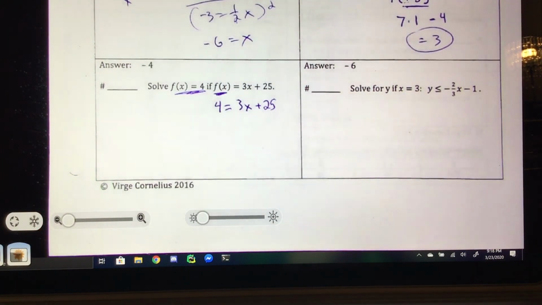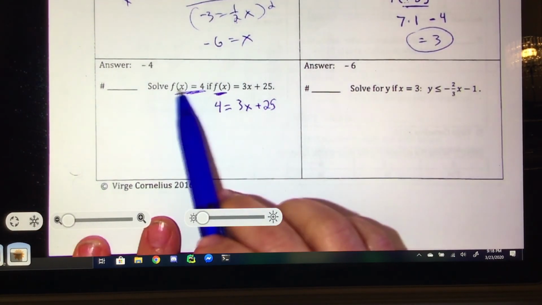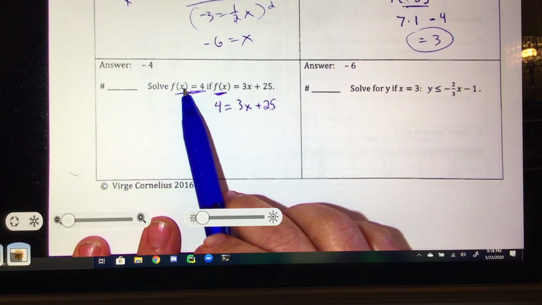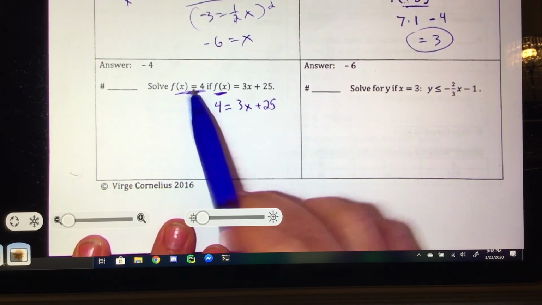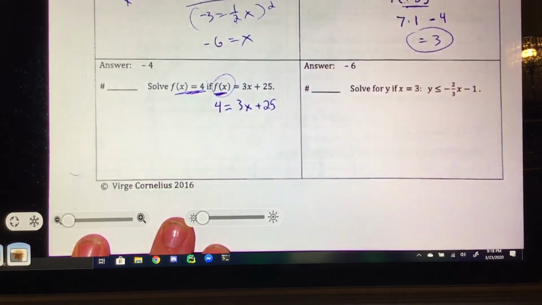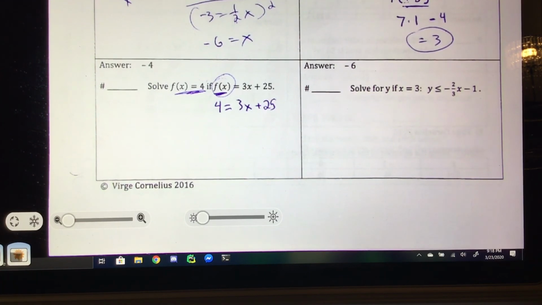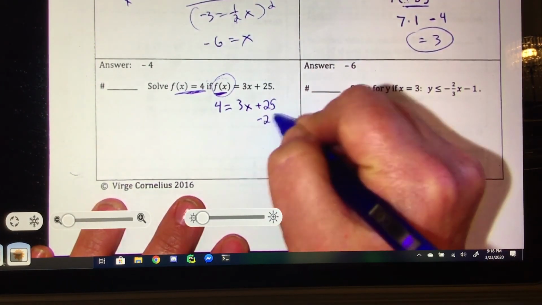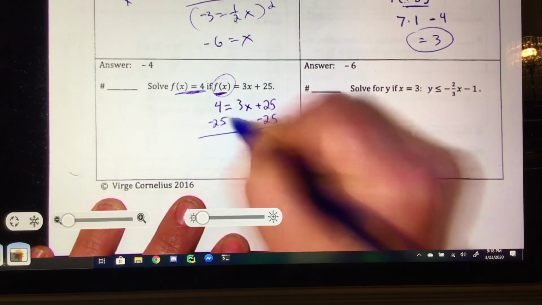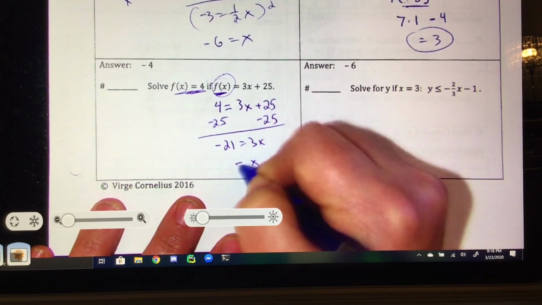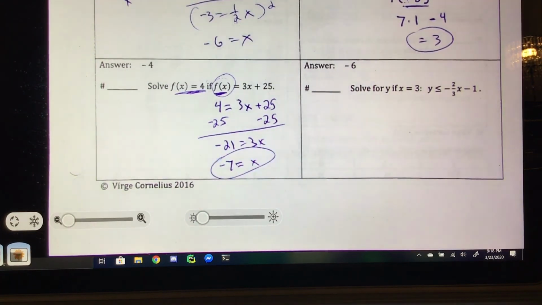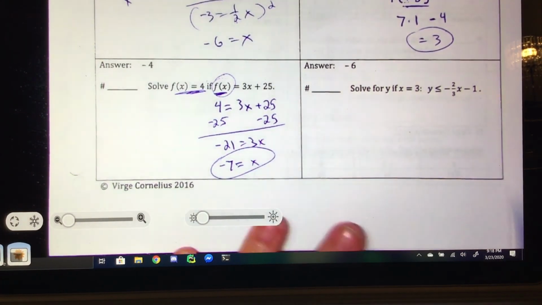That's a little different. If it was 4 in here for x, then yeah, I'd substitute 4 in. But no, f of x equals 4. So I'm substituting 4 for f of x, and then you just solve for x. Subtract 25 from both sides. So you get negative 21 equals 3x. x equals negative 7 when you divide by 3 on both sides.